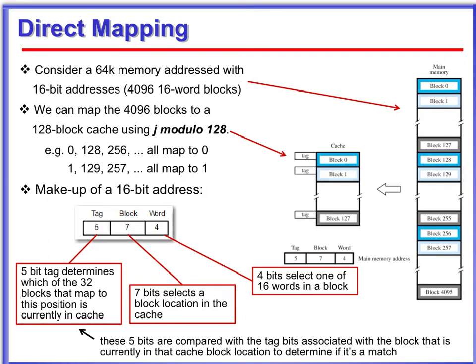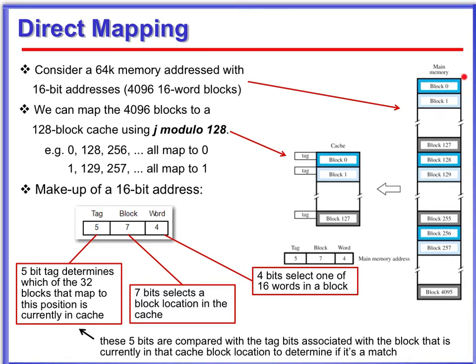Okay, so when we copy a block of data from main memory to cache, where do we put it in cache? And that's what the mapping functions address. The first one we looked at last day was direct mapping, and I'll just briefly review that. Over here on the right-hand side is our main memory. In this particular example, we have a 64K memory where the address of a particular word in memory is given by a 16-bit address, okay?